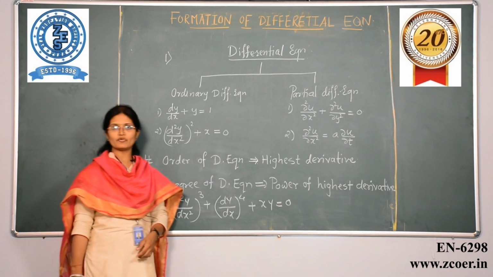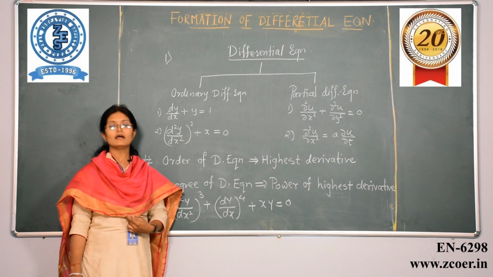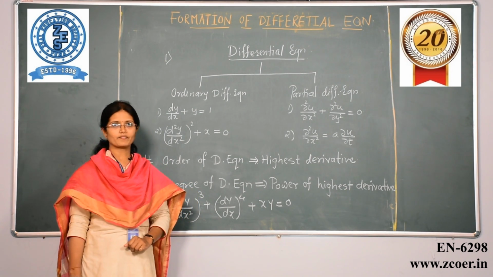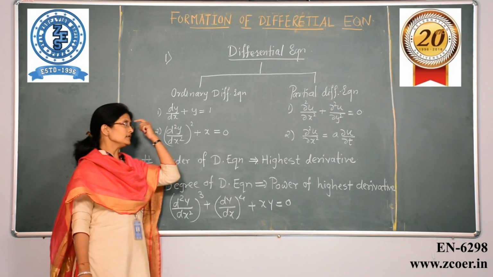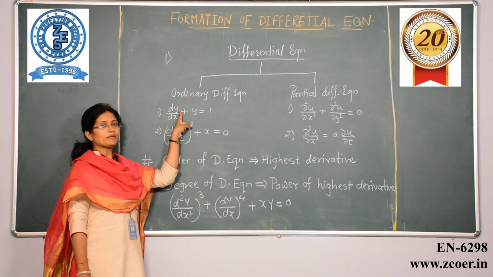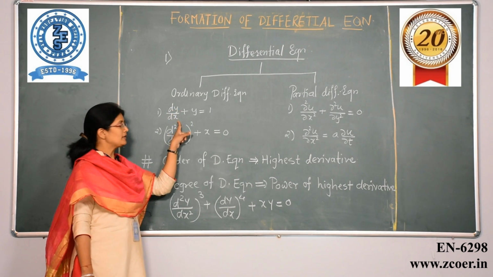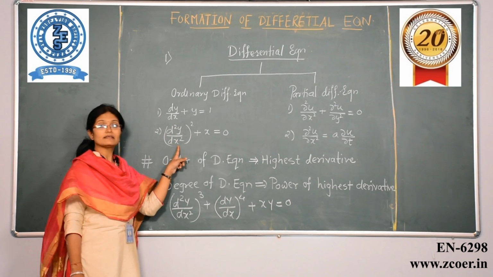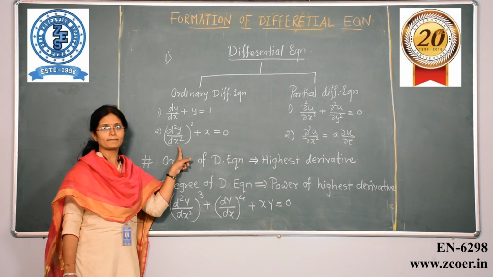Now, there are two types of differential equation we categorize depending upon the number of independent variables we have. Here, if you look at these equations, there is only one dependent variable and one independent variable, that is y is the dependent variable and x is the independent variable.